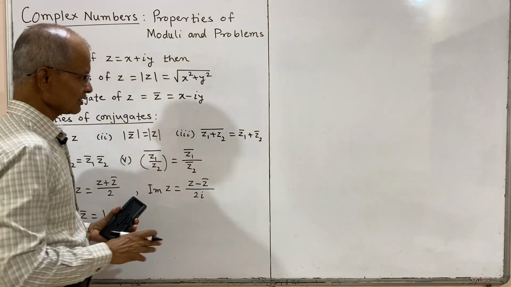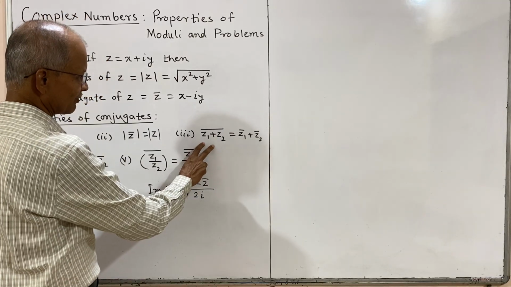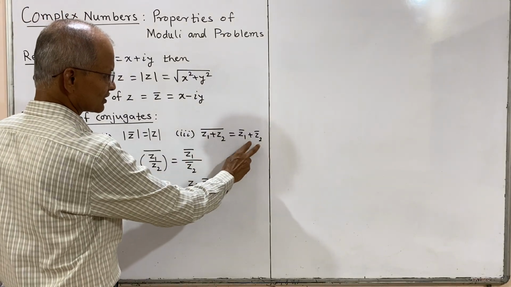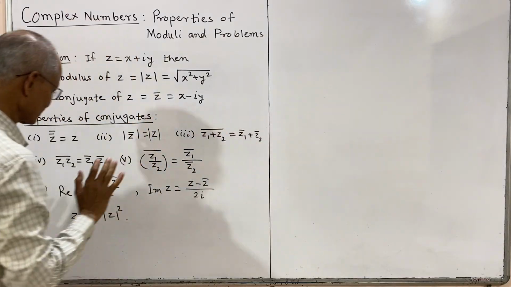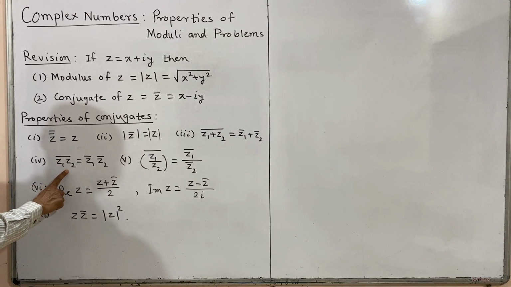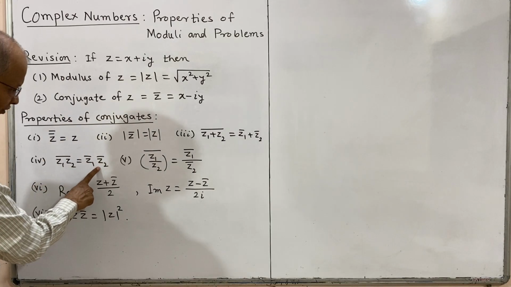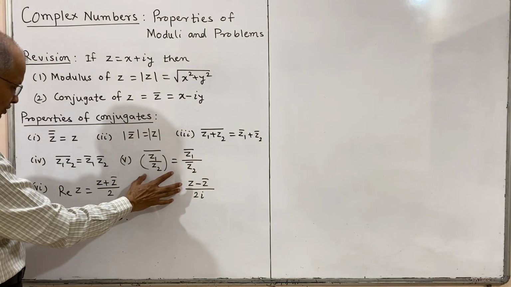And next, the conjugate of z1 plus z2 is equal to the sum of conjugates of z1 and z2, that is conjugate of z1 plus conjugate of z2. For product, conjugate of z1 z2 is equal to conjugate z1 into conjugate z2, and a similar property for division holds.